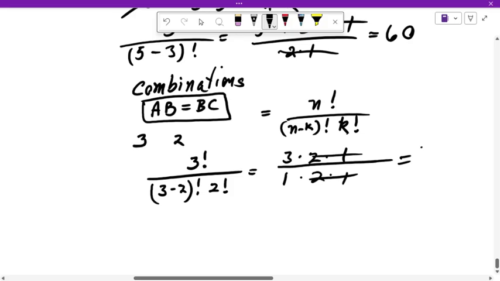Those cancel, and I'm left with 3. So if I flip a coin 3 times, how many ways can I get 2 heads? I can get heads on the first and second, heads on the first and third, heads on the second and third. 3 ways.